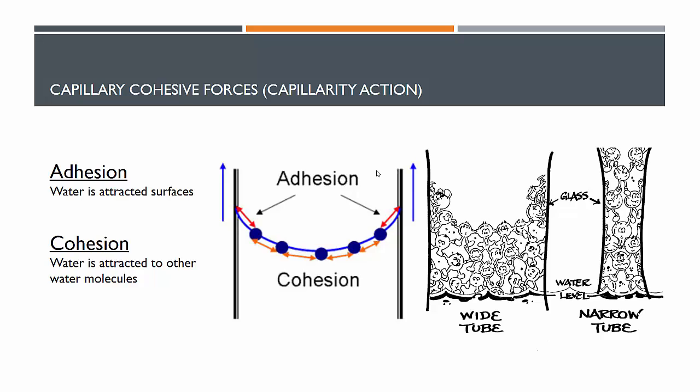So let's have a look at capillary cohesive forces, now capillarity action. So basically water has a couple of properties. First property is adhesion. It likes surfaces, and we know this. You'll have a shower and you'll flick the water onto the shower curtain or the shower window, and it'll stick to it.